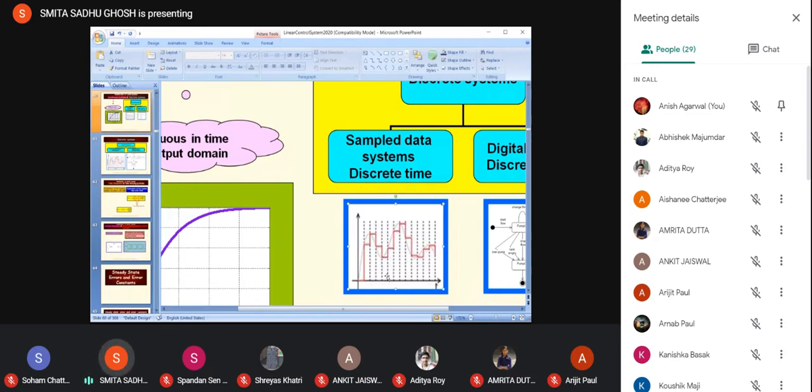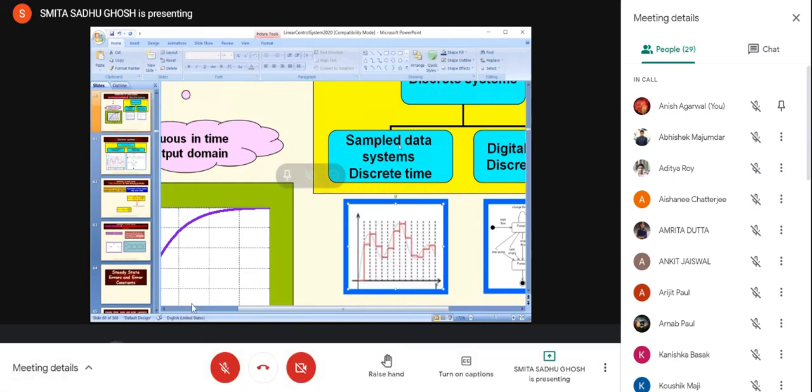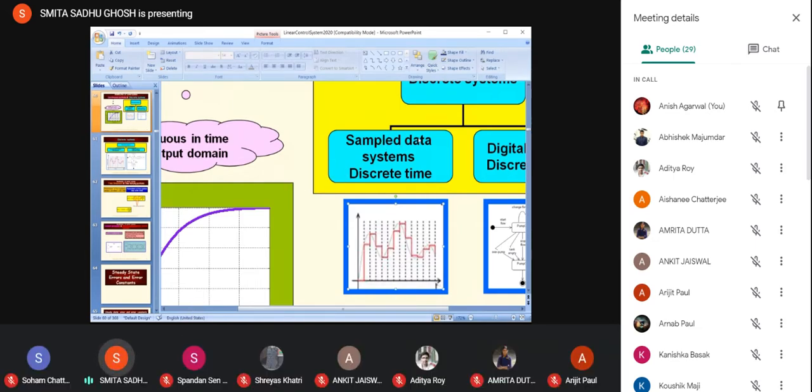So at 2.7 seconds, I will not be able to know what the response value is. So visualize that you have a set of impulses at those discrete instants only, but nothing in between. That would qualify as discretization along the time domain, which is what is called a sampled data system.